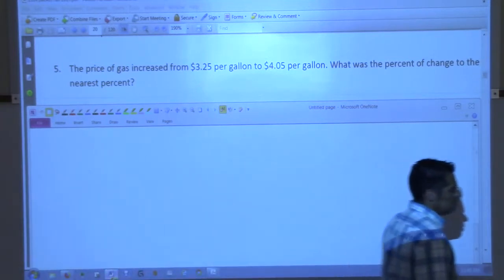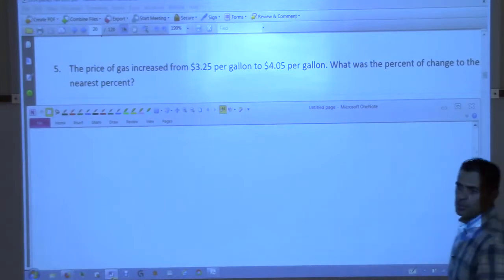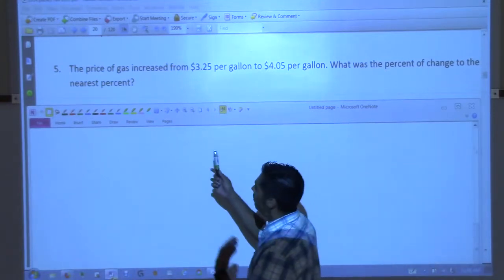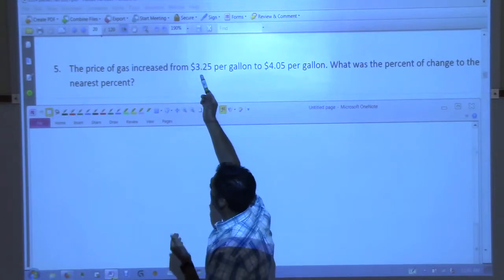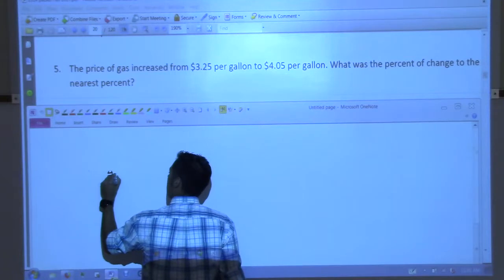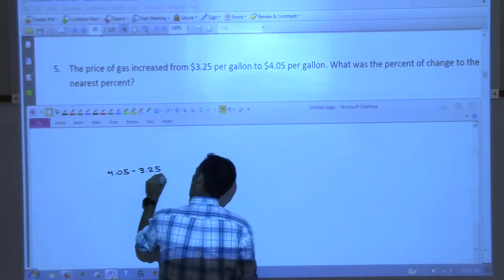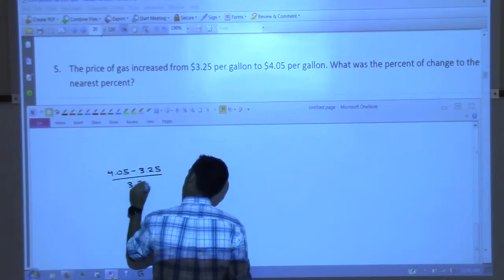Same method. You just have to figure out, what's new and what's old. So which is the new price? 4.05. And the old price? 3.25. And that's just from the words. It went from this price, so this is the old price, to this price. So we're going to go 4.05 minus 3.25 over 3.25.